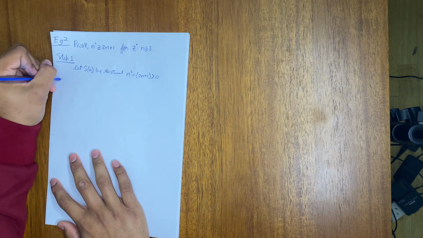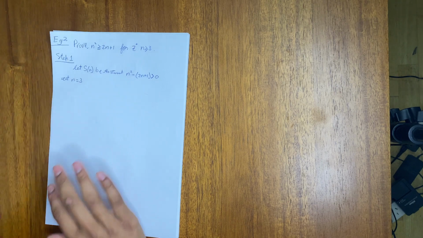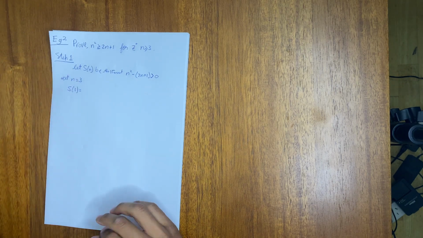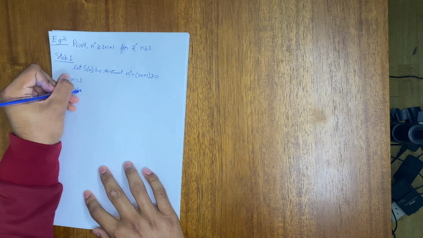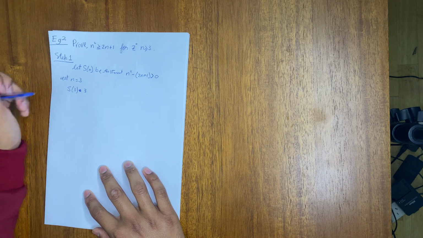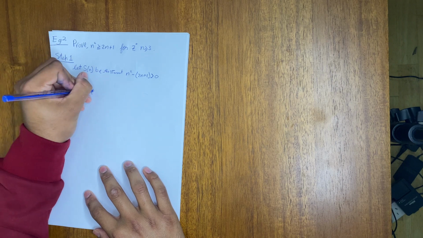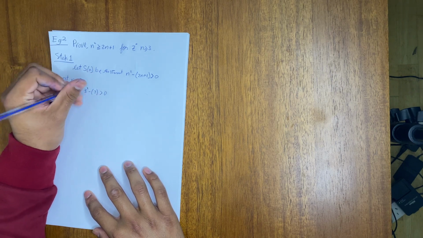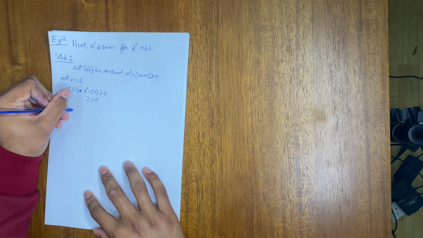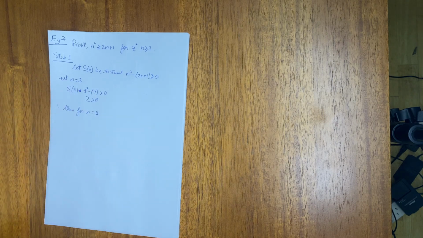So step 1, let n equal 3, because it's n greater than or equal to 3 for all positive integers. S of 3 gives me 3 squared minus 2 times 3 is 6 plus 1 is 7, greater than 0. So 9 minus 7 is 2, which is greater than 0. Therefore, true for n equals 3.